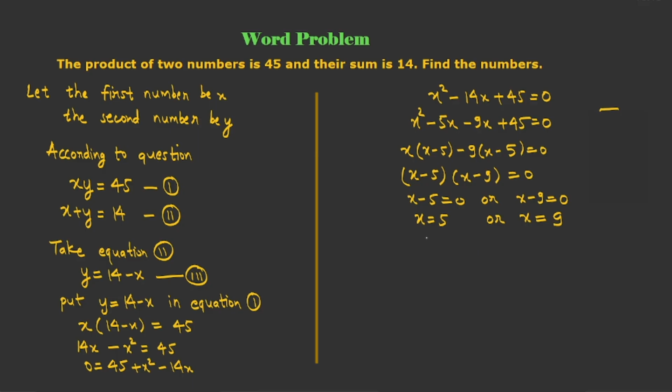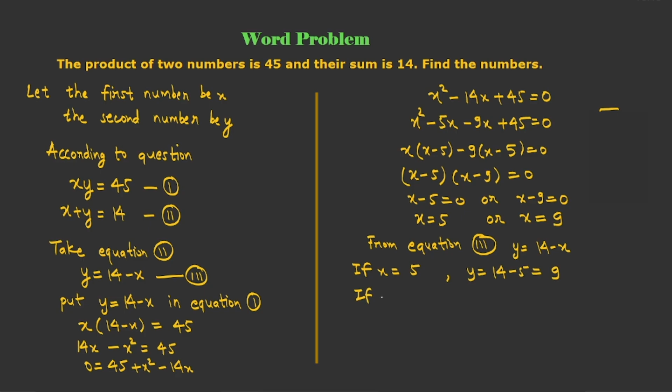Now to get the value of y, we will put the value of x in equation 3, that is y equals 14 minus x. If x is equal to 5, then y will be equal to 14 minus 5, that is 9.